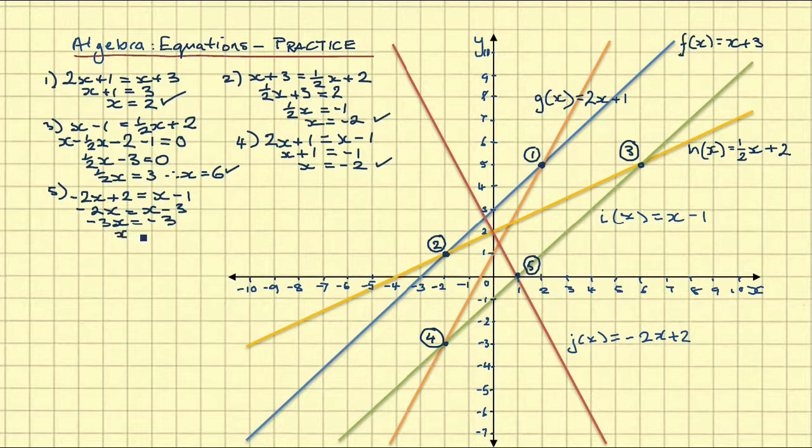So divide both sides by minus 3, giving us x equals minus 3 divided by minus 3, x equals 1. Okay, let's substitute back. Minus 2 times 1 is minus 2 plus 2, so 0 on the left hand side. On the right hand side, x equals 1, 1 minus 1 is also 0, so that must be correct.